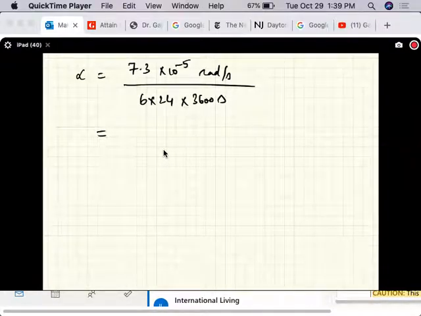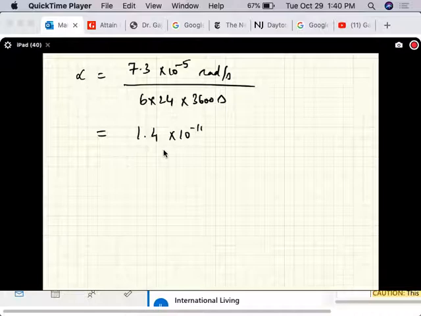So the angular acceleration is 1.4 times 10 to the minus 10 radians per second squared.